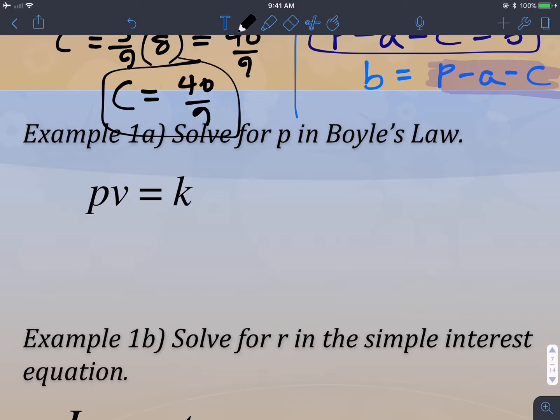Yeah. Boyle's law. Pressure times volume. It's some sort of chemistry. But like the more pressure you put on the food, the faster it cooks, right? That's what this is. But anyway, all you have to do is get P by itself.